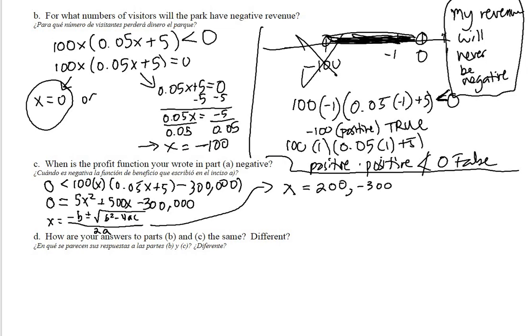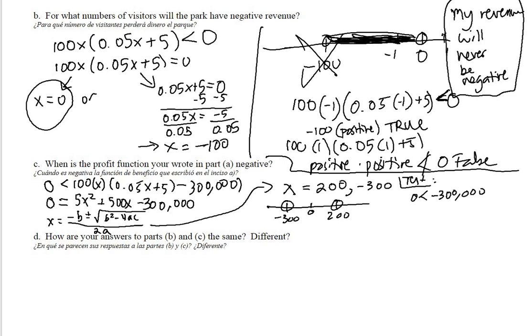Okay. So now I'm going to test these regions. So negative 300, open circle, 200, open circle. I'll check 0. What happens if I plug in 0? Let's see. It's 0 less than negative 300,000.